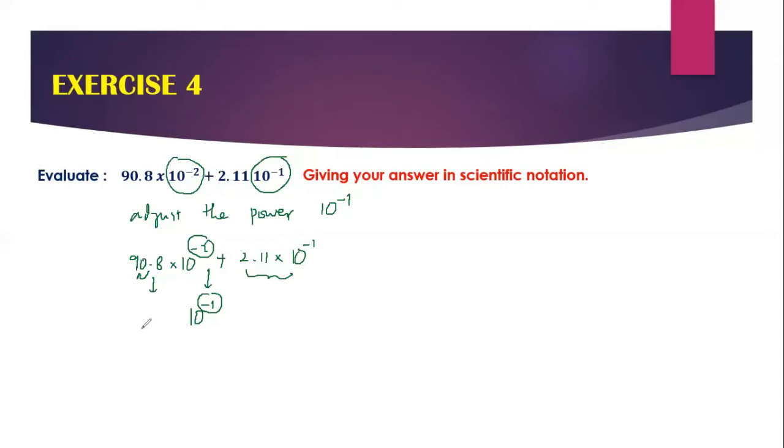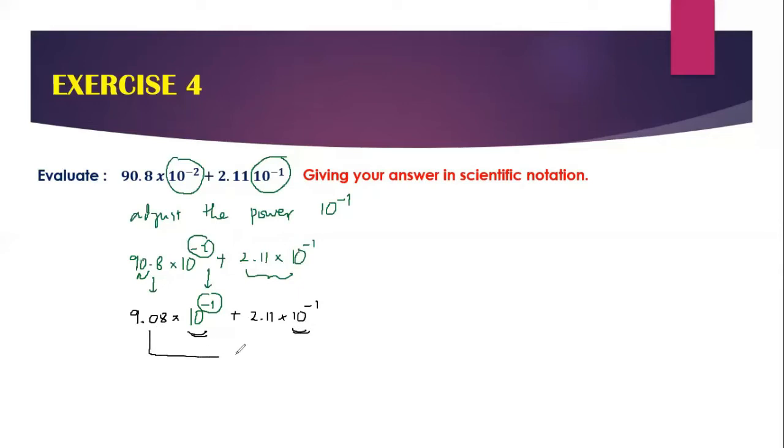Okay, good. Next, so we'll find 9.08 times 10 to the power minus 1 plus 2.11 times 10 to the power minus 1. Right? Now we have the same exponent here.